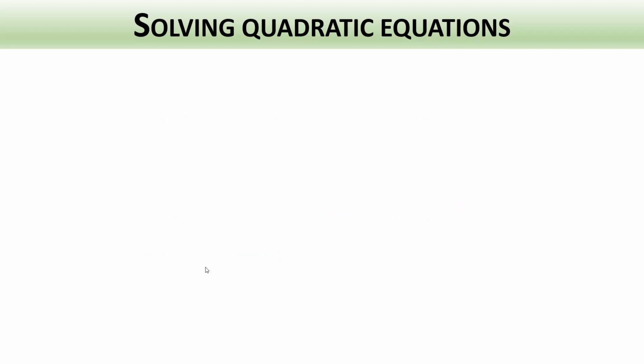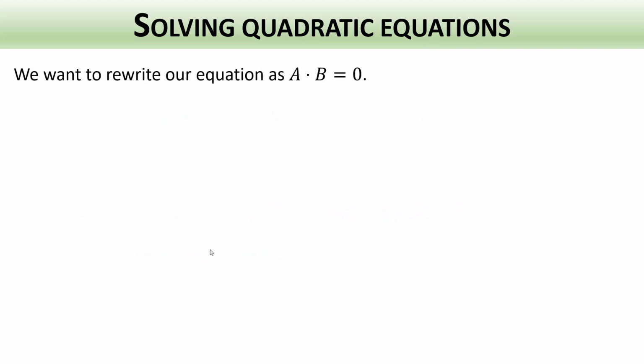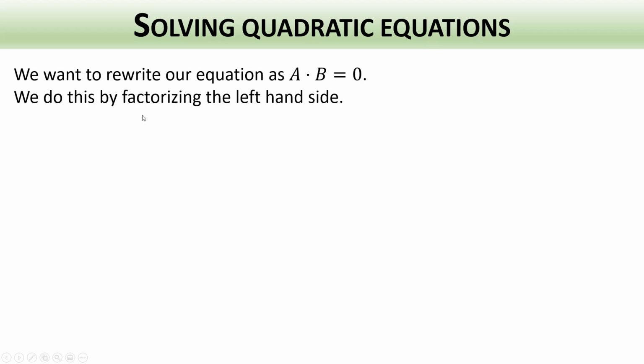Now, when we find a quadratic equation, the basic technique for solving it is by rewriting it as a product that equals 0. So something times something is 0. And you find the factors of this product by factorizing the left-hand side of the equation. So for example, x squared minus 8x plus 15 equals 0. We factorize the left-hand side using the sum product method.